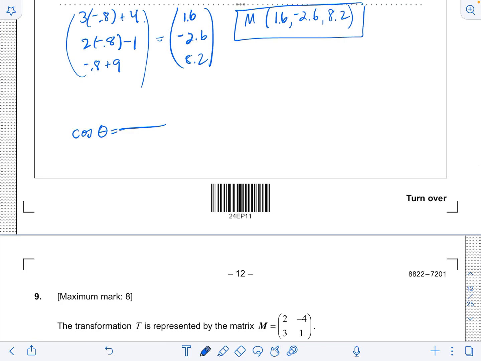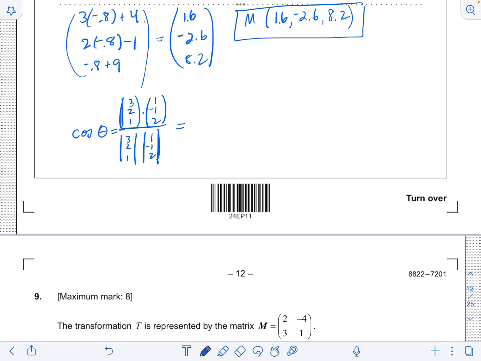And so we want the dot product of 3, 2, 1 and 1, negative 1, 2 over the magnitudes of 3, 2, 1 and 1, negative 1, 2.